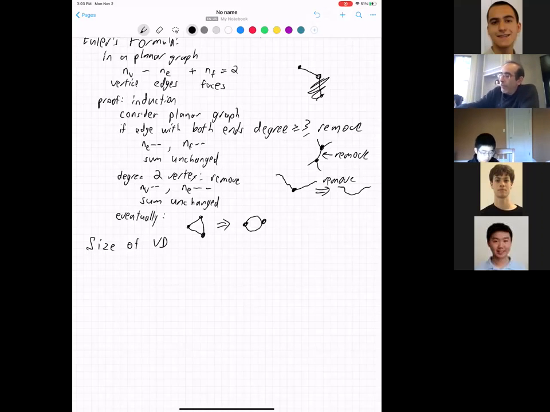Okay, so now that we've got Euler's formula, let's think about how to use it to analyze the Voronoi diagram. Remember that we already said that the number of faces of our Voronoi diagram is just, there's 1 per point. So the number of faces is just n, right?